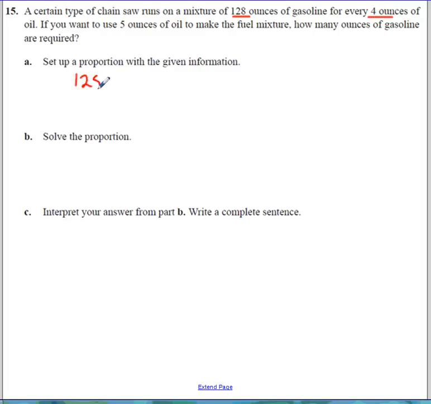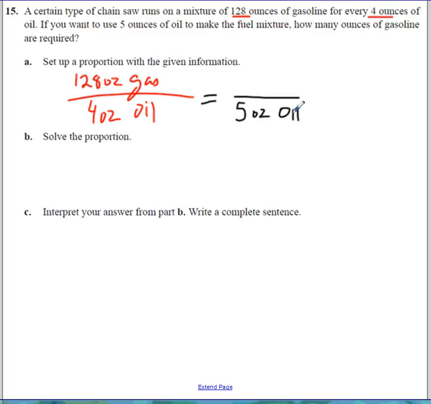So 128 ounces, and that's gas, and it's 4 ounces of oil. And then we want to use 5 ounces of oil. We have oil in the denominator, so 5 ounces of oil will go in the denominator again. How many ounces of gasoline, let's use G to represent our gasoline, are required?